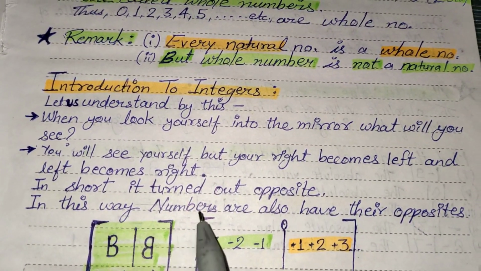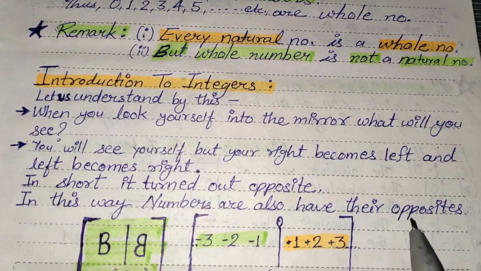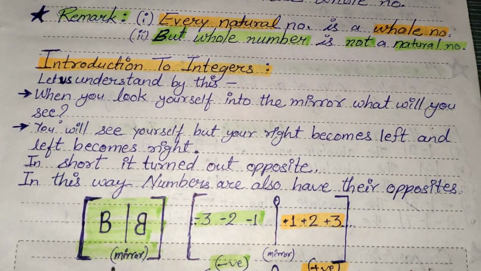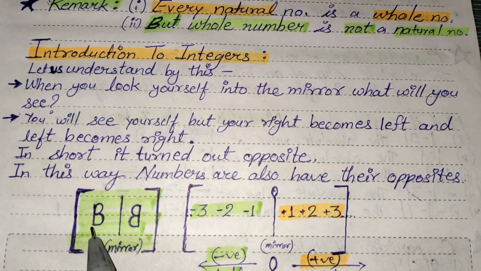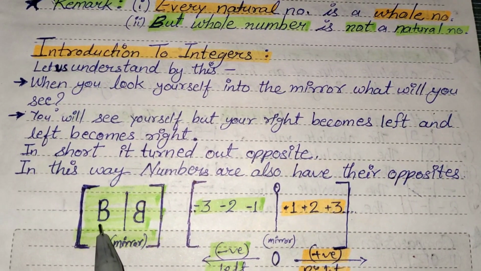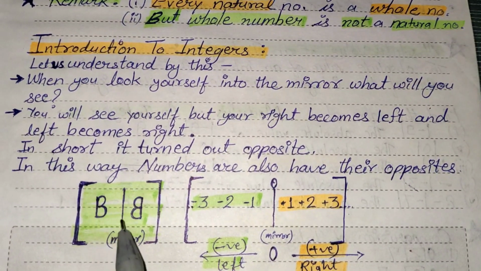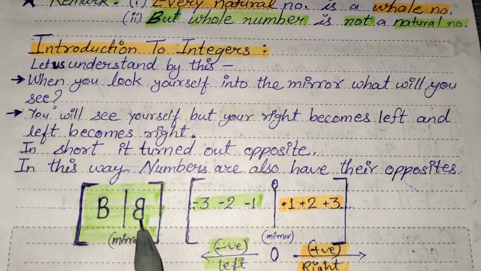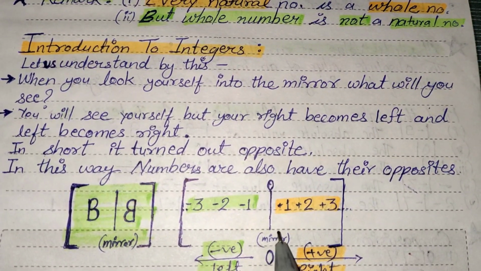In this way, numbers also have their opposites. See this: this line is the mirror. This is the alphabet B. If we see this B in the mirror, it will look like this, opposite. The same goes for numbers.